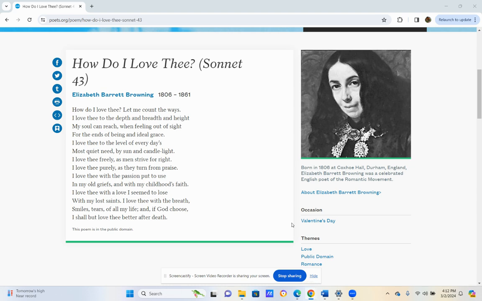Or it could be believed that if she were to pass away, or when she passes away, not if, that if God chooses to bring her to heaven, then she could love him even better being there than versus here. So it has this religious aspect behind it as well, regardless if it's for her fiance or for more of a being like God or Jesus. Beautiful poem. In-depth love is what's behind it.